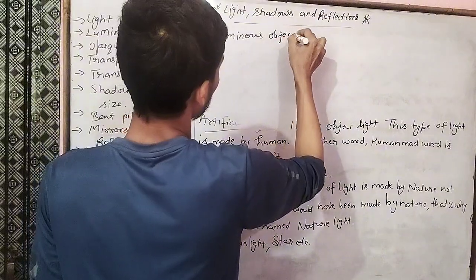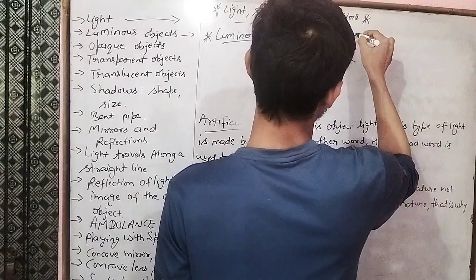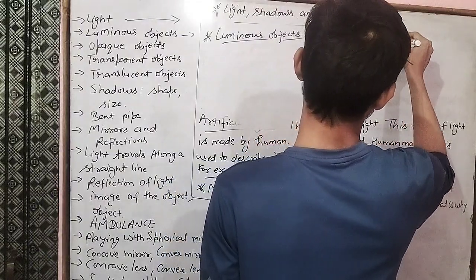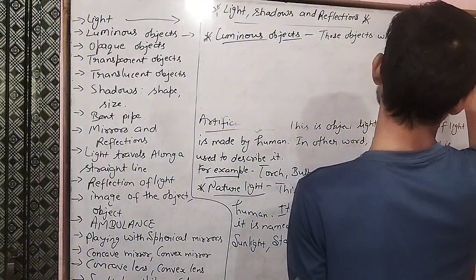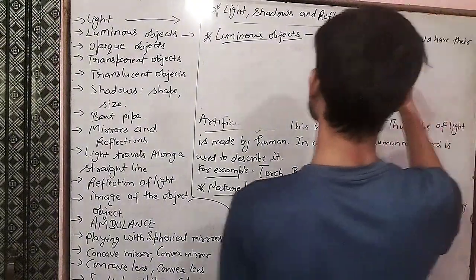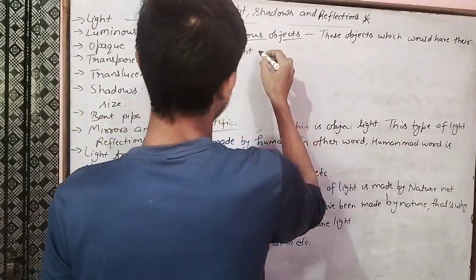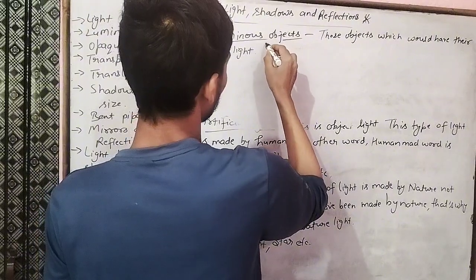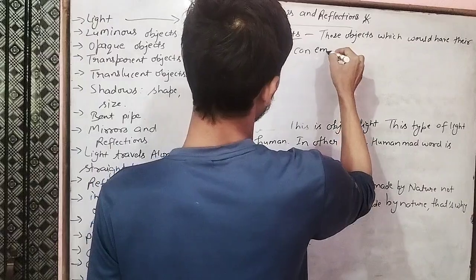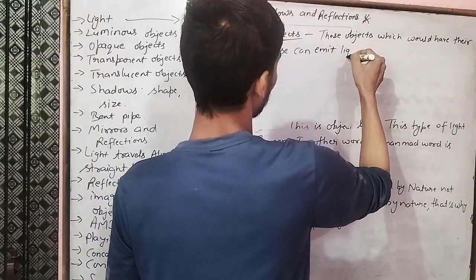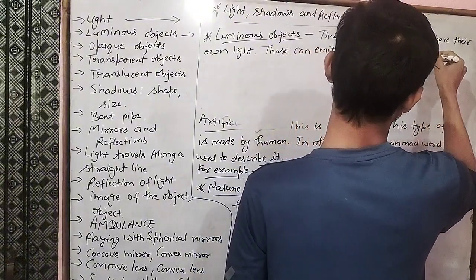Luminous objects are those objects which have their own light. Those can emit light from their body.